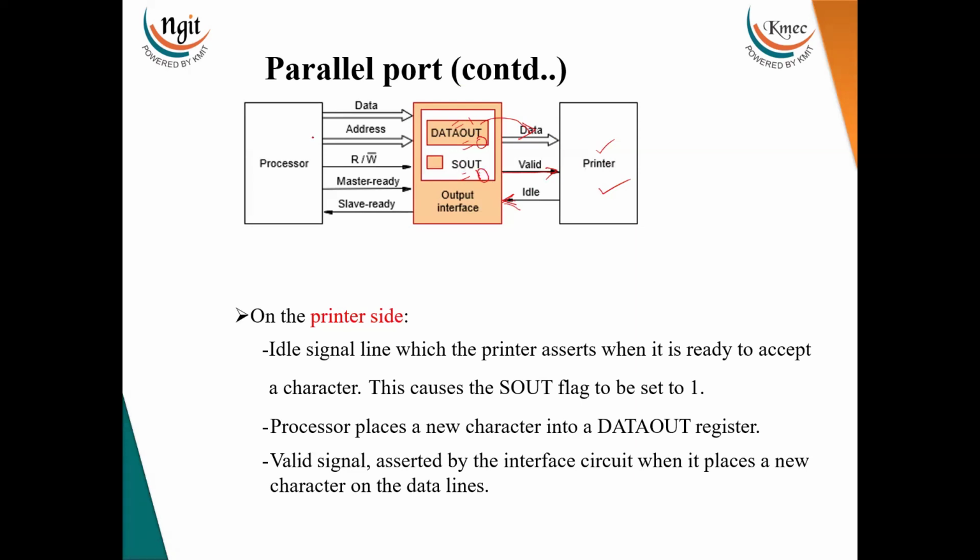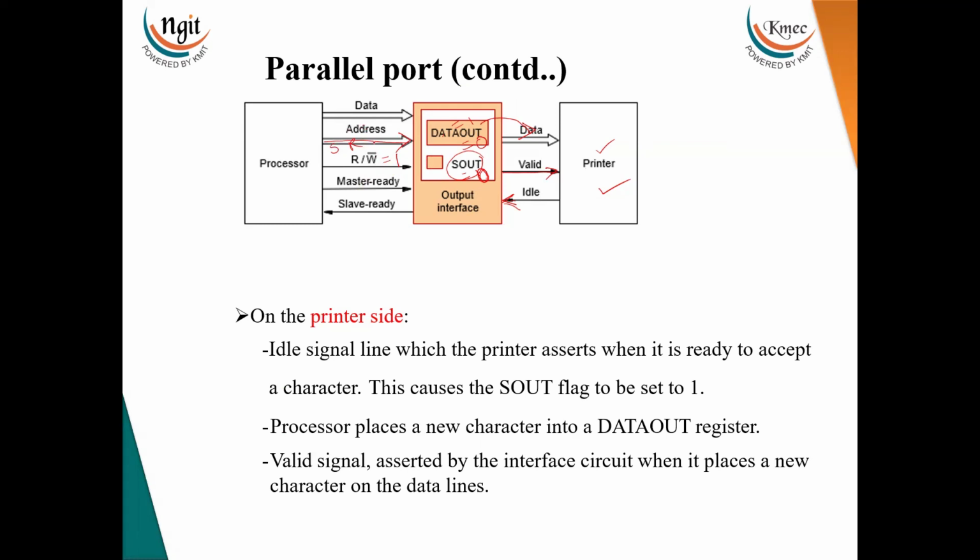So now the processor should load the data into the data register. For that, first the processor will read the status of this interface by reading this S out bit. If this S out bit is equal to 0, then the processor understands that the data out register is empty. Thereby it will load the content into the data out register. For that, first it will place the address of the status register and send the read command.